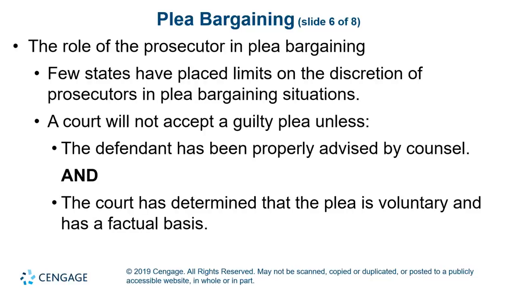So plea bargaining is just one of the major tools that a prosecutor uses to control and influence the criminal justice system. The other two are the decision to initiate a charge and the ability to take the case to trial.